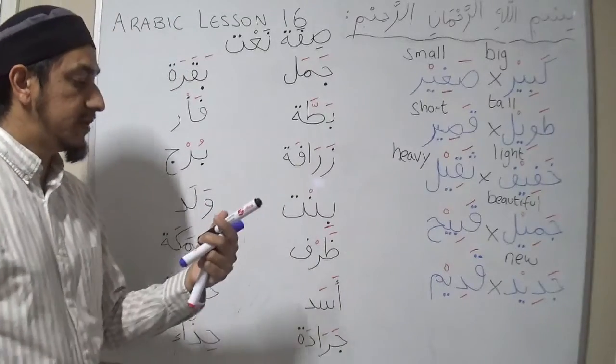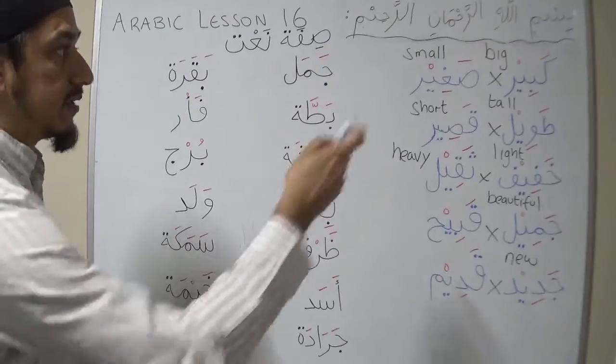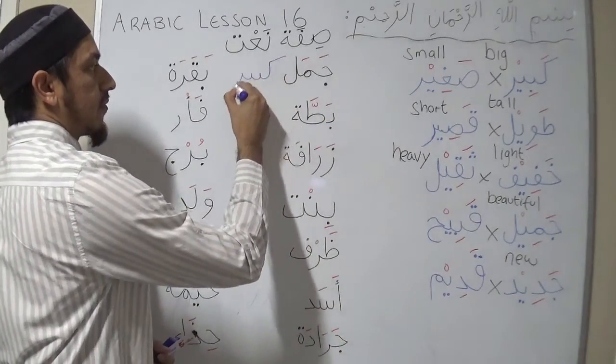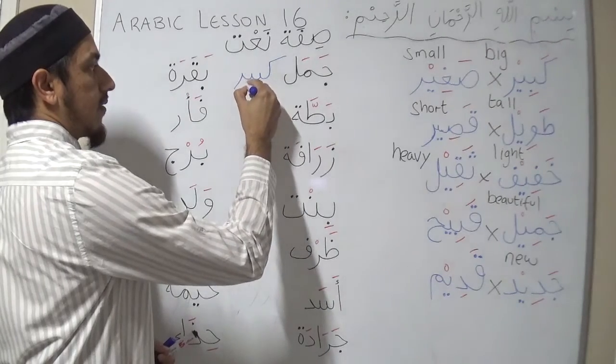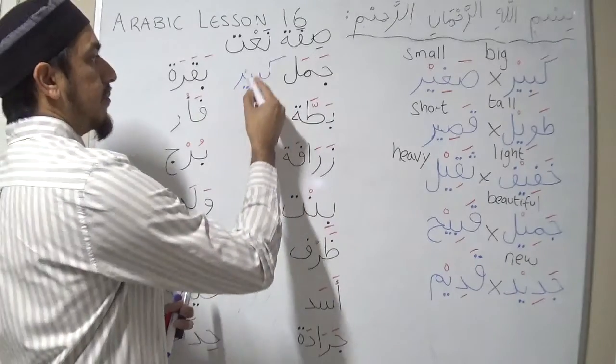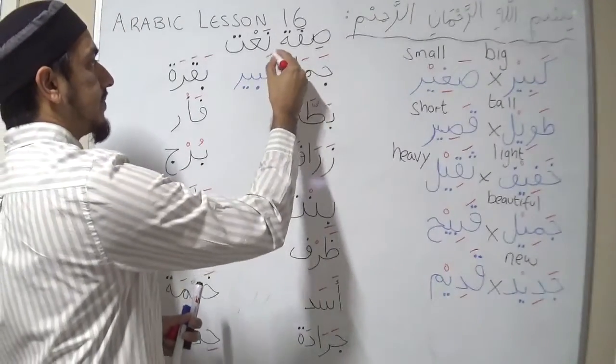So we've seen jamal, and for jamal we're going to use kabir. So we'll say jamal kabir, and what this translates as is big camel. So we say the noun first.